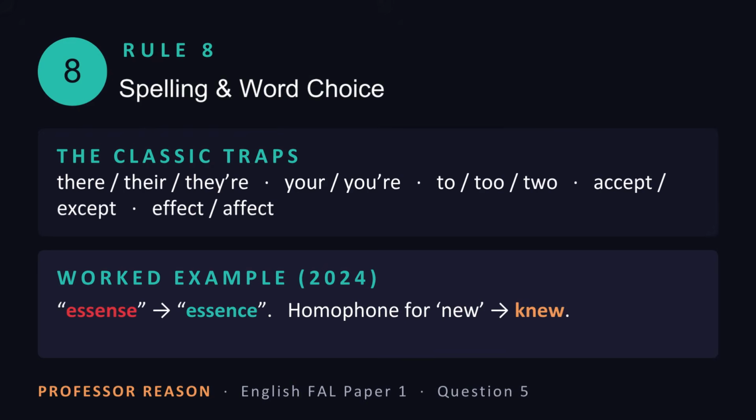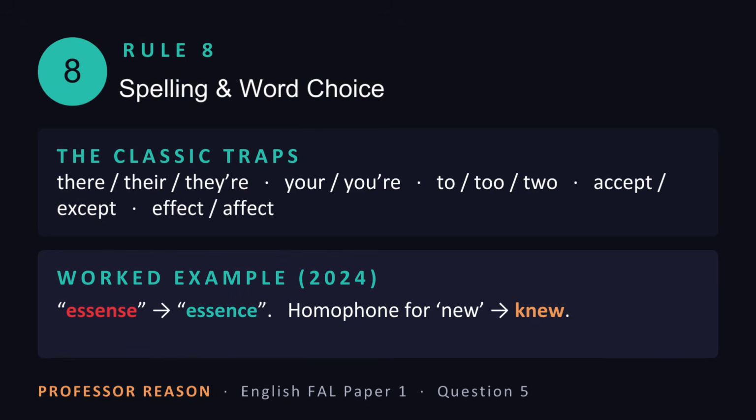Rule number 8, spelling and word choice. The editing section plants deliberate errors. The classic traps: there, their, they're; your, you're; to, too; accept, except; effect, affect.